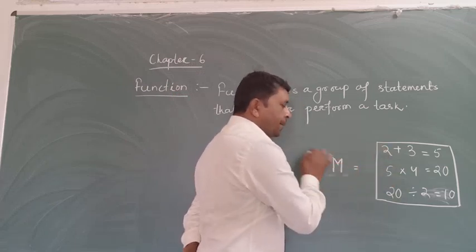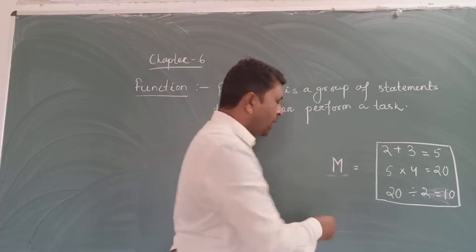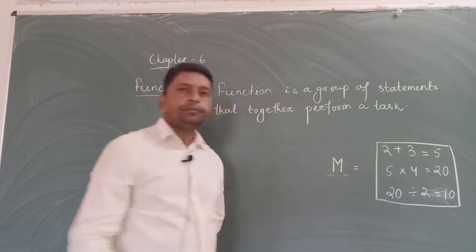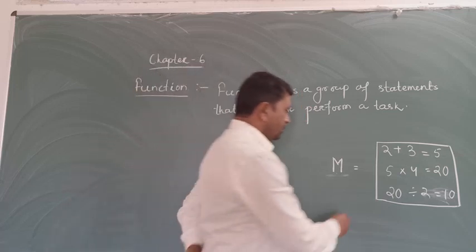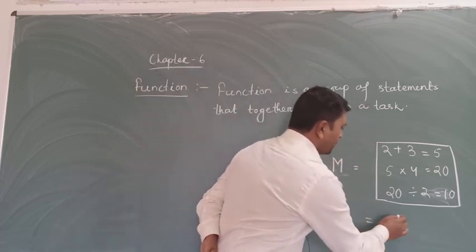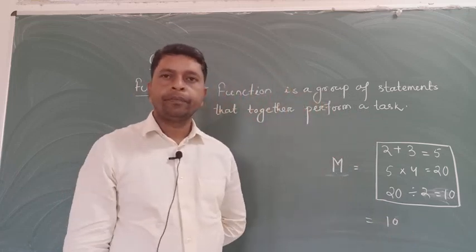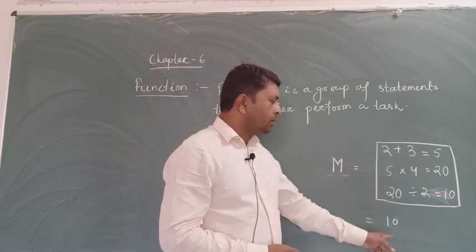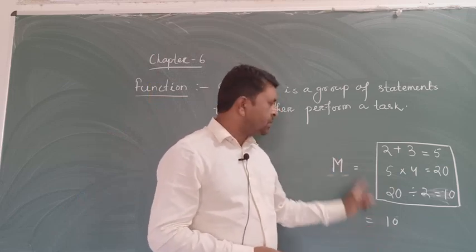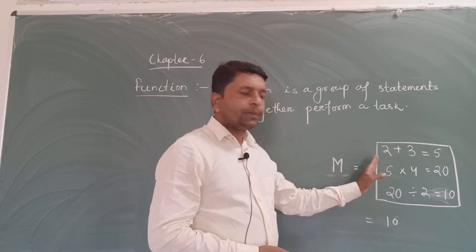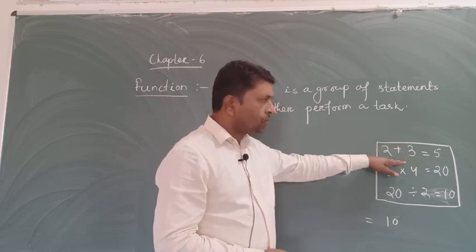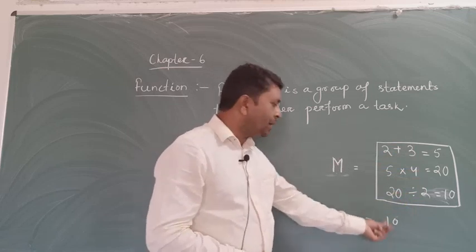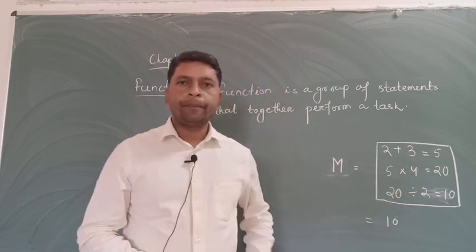When I am calling M, what answer do I find? It gives 10. Whenever I call M, the result is 10. This means M does a specific task: add two numbers, multiply, and divide, and after that the final answer is shown.